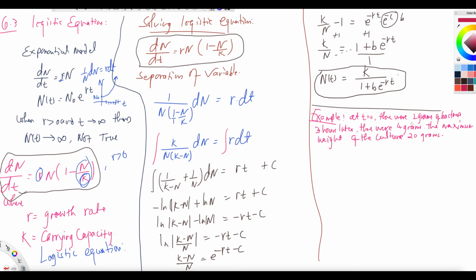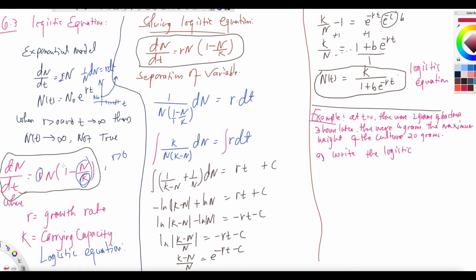Okay, so the question number A is, write the logistic equation. This is the logistic equation, right? We call this the logistic equation.